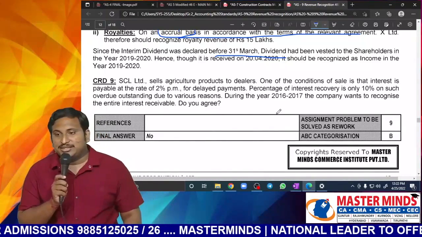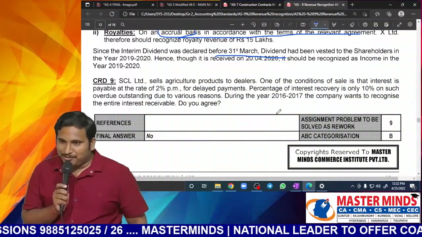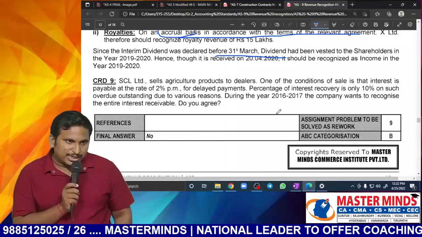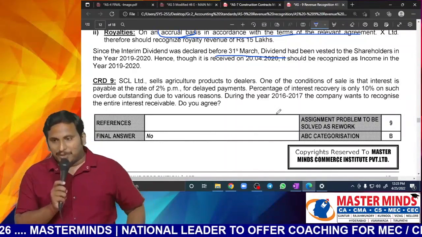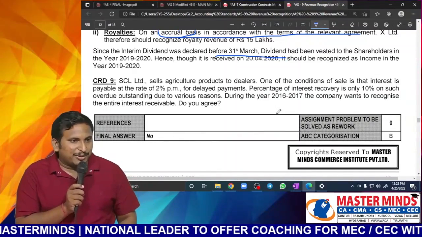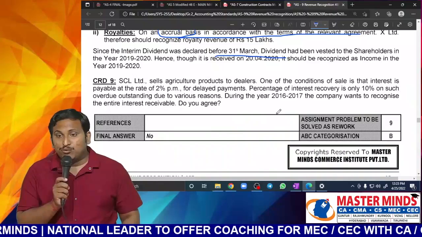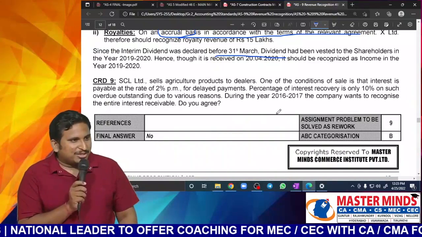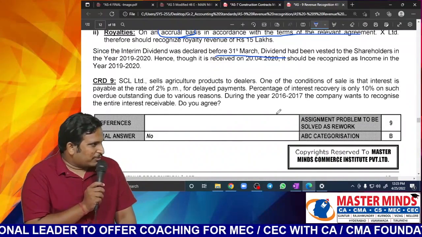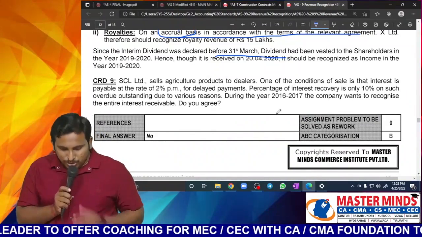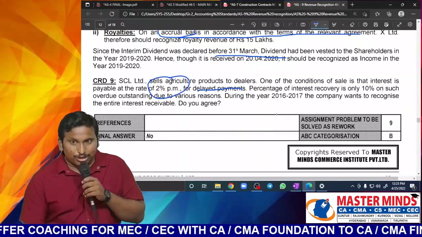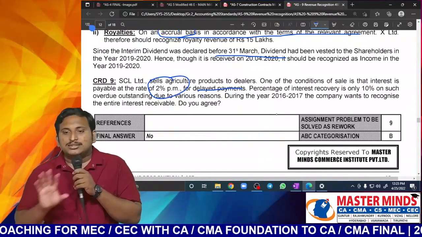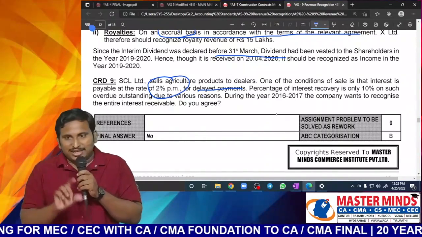If the payment is delayed, usually we give some normal credit period, sir. 10 days, 2 weeks, like that we give credit period. Suppose we have given a credit period of 2 weeks, and they are paying after 4 weeks. Now we ask them to pay some interest, because we are losing something. So that is what they are telling. If you are making delay, you have to pay at the rate of how much, sir? 2% per month. This is the instruction they are giving in the invoice.